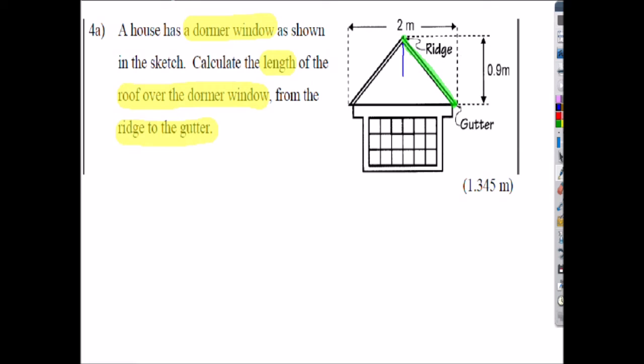So dropping a vertical line down here, we can form a right angled triangle here. I re-sketch the right angled triangle for convenience. This would be my sketch, and I'm trying to find this side of the triangle shown here. I'm going to call that value x, so it's the hypotenuse of the triangle, so applying Pythagoras' theorem here, x squared is equal to 0.9 squared added to 1 squared.